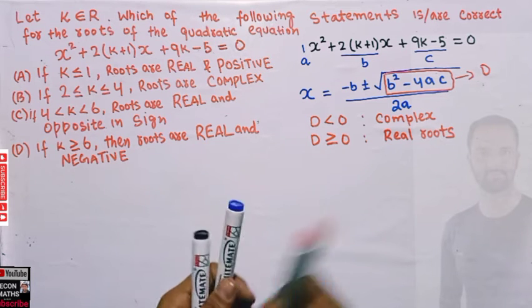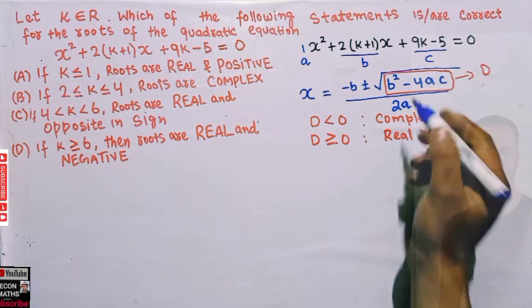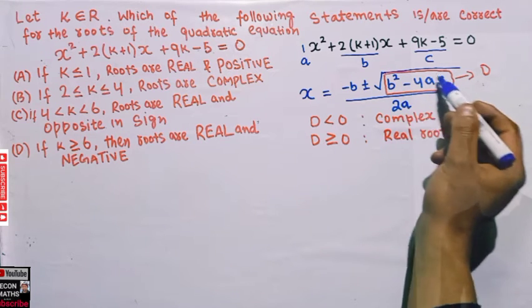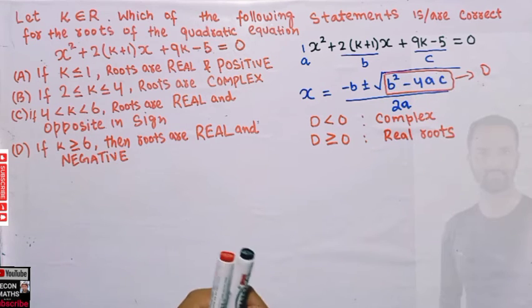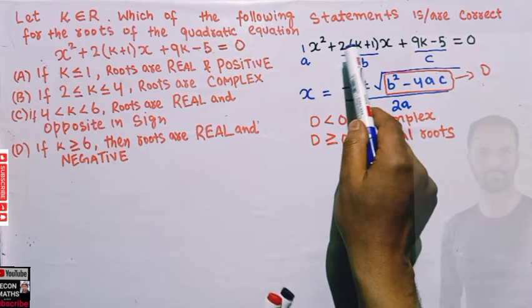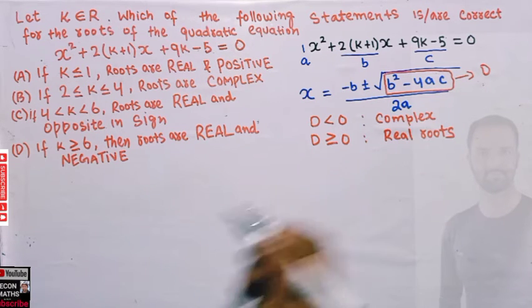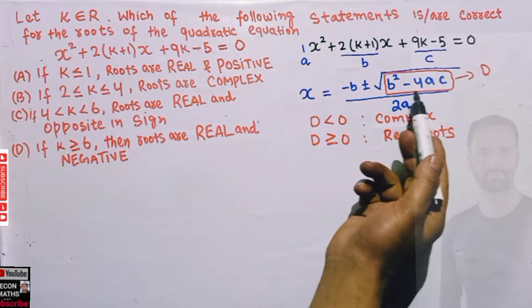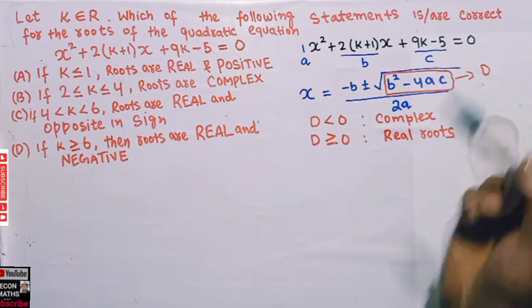Now let's concentrate on the question. That means we need to see what is the value of this term here. What is our b? b is this 2k plus 1. I have to concentrate on this thing only here.